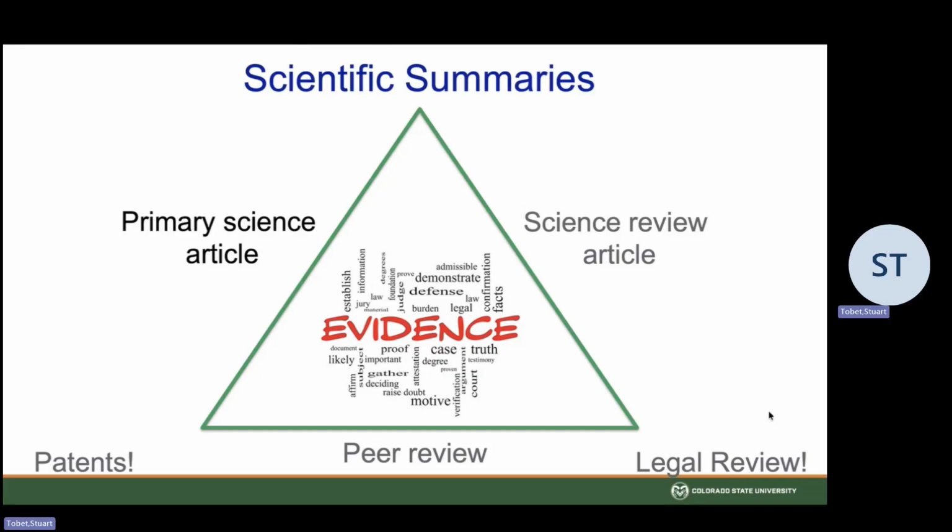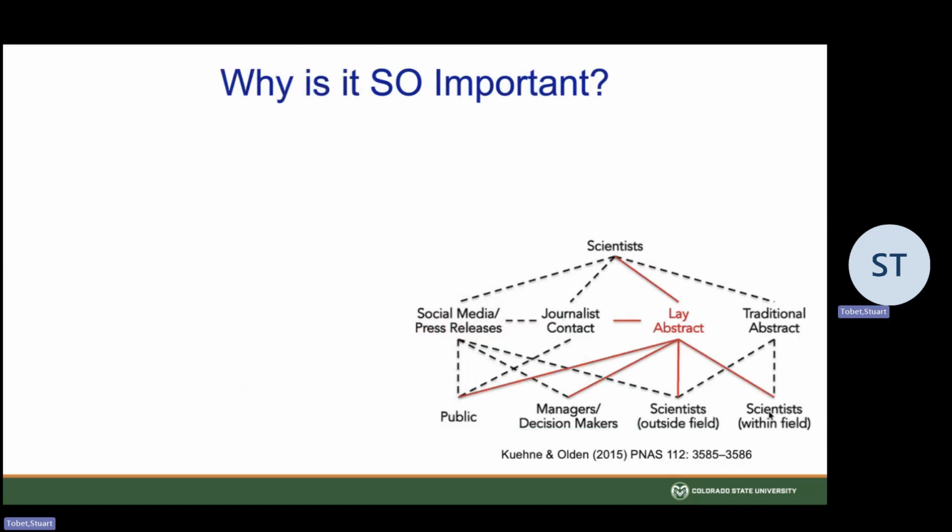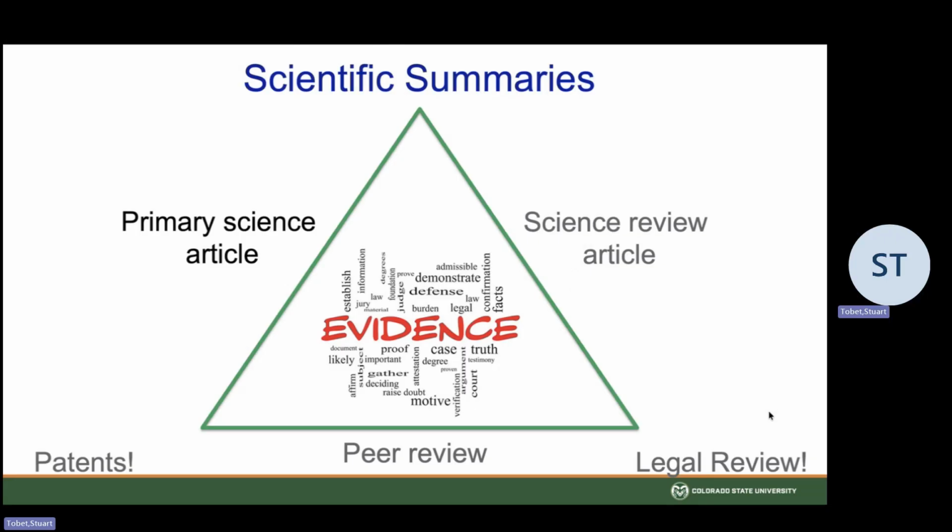So legalese, or writing to get something to the point where it's intellectual property protected, is as important as learning how to write about reviewing and publishing primary science. And a lot of things about primary science articles are very similar to what they would be in a review article. In fact, the introduction to a primary science article is very similar to the entire scientific review process.